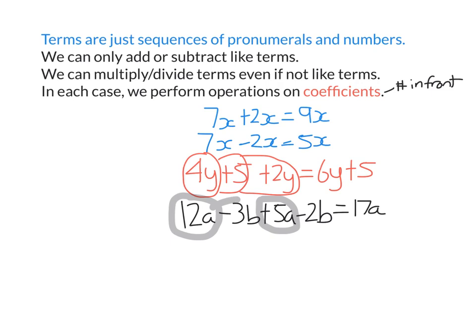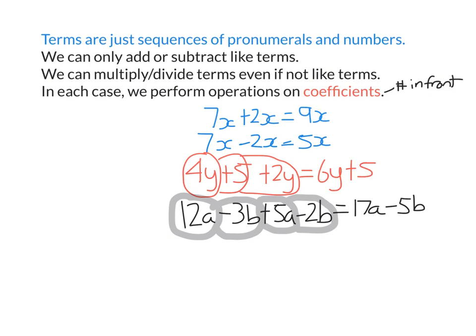So this is not a 3b, this is a minus 3b minus 2b. So I go minus 3 minus 2 is actually minus 5b. So I've done the a's and the b's separately. I can't simplify this any further because this term has an a, this term has a b. They are not like terms.